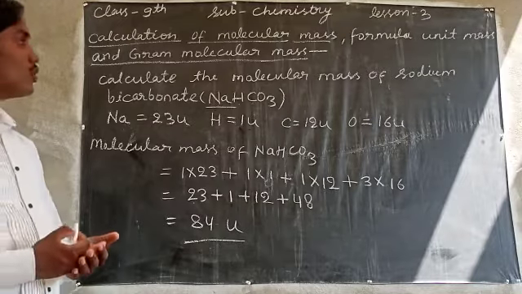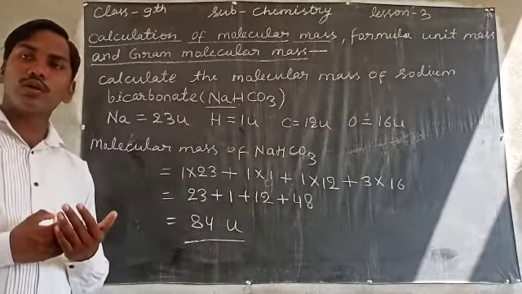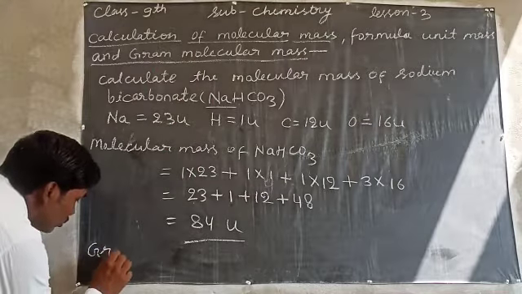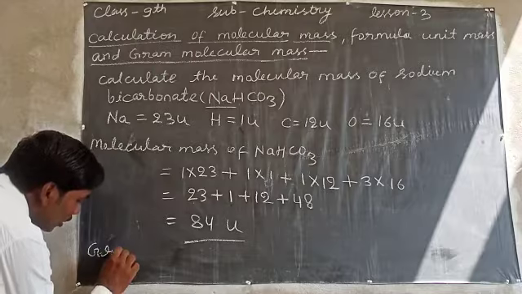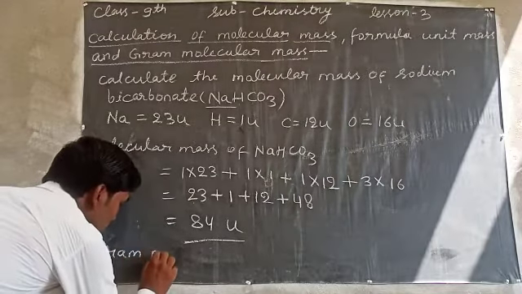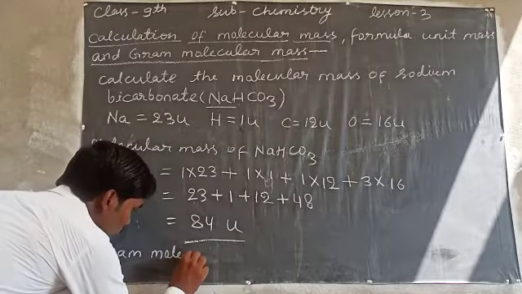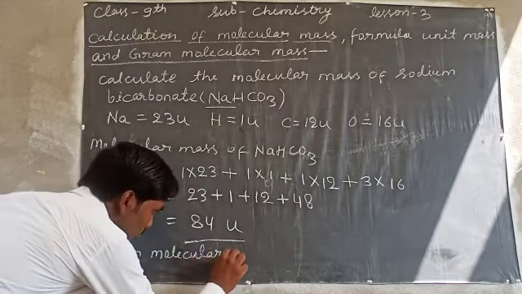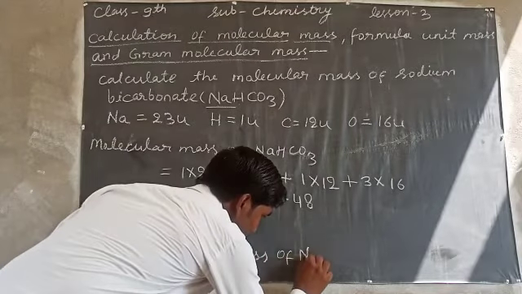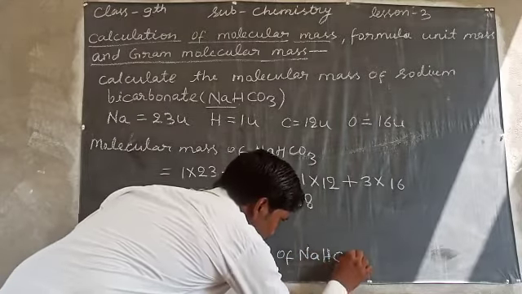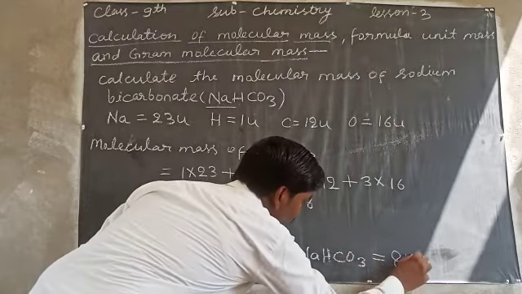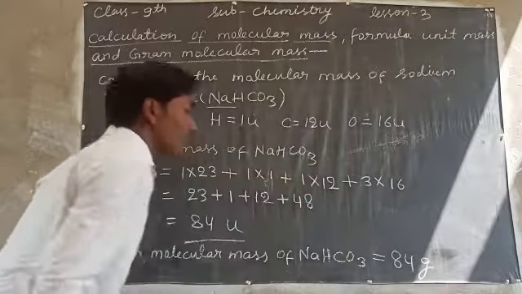If we talk about gram molecular mass, I told you that it is equal to the molecular mass. So gram molecular mass of NaHCO3 will be equal to 84 gram.